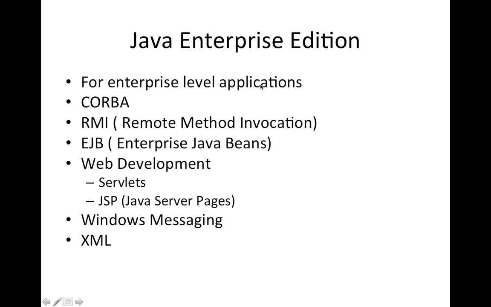Java Enterprise Edition, what does it have? For enterprise level applications, Corba is like a broker architecture, like in between two different systems, how exactly we communicate. All that has been part of Enterprise Edition. Now, probably nobody uses this Corba architecture, but they may use that design pattern. And it has EJBs, web development, like our coming courses after core Java, all about servlets, JSPs, and all these fancy frameworks that we talk about, Spring and all that.